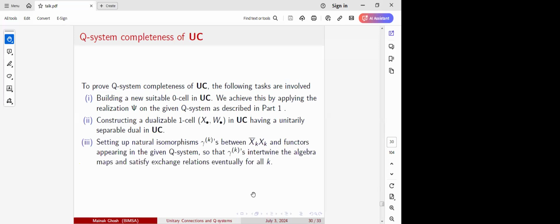And the third step is to build natural isomorphisms gamma k between Xk bar Xk and the functors that will appear in the Q system, in such a way that gamma k intertwine the algebra maps and satisfy exchange relations, eventually for all k.